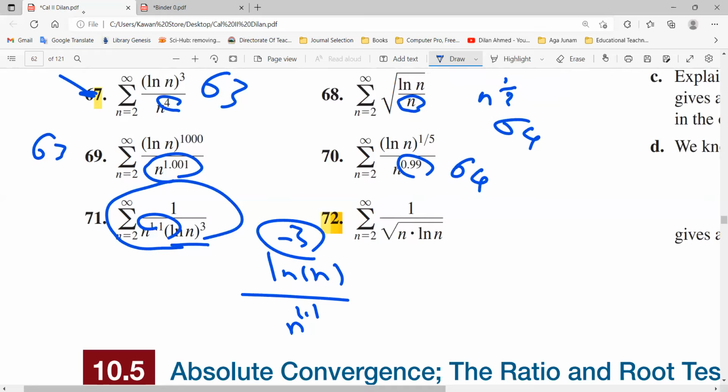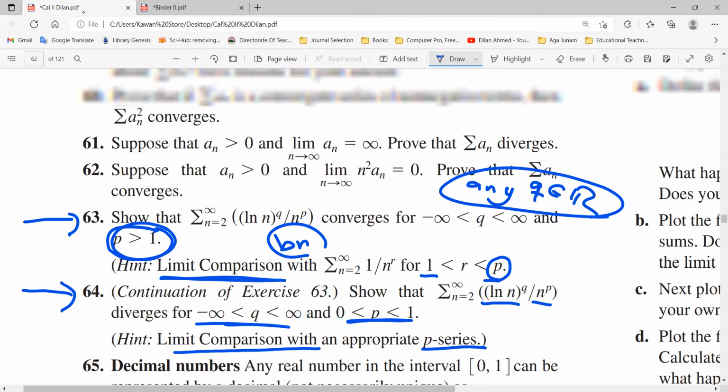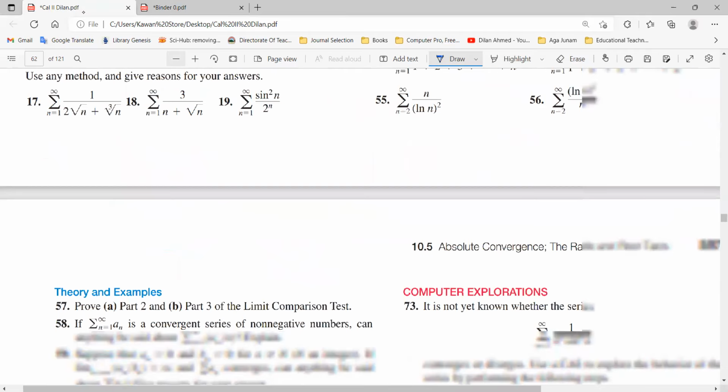So is P 63 or 64? 63, 1.1. That's fine. Now you got everything. So think about it. That's why I said this example is example number 3.